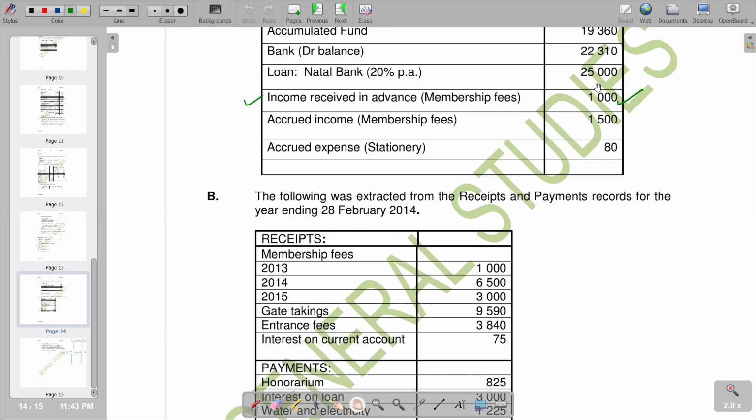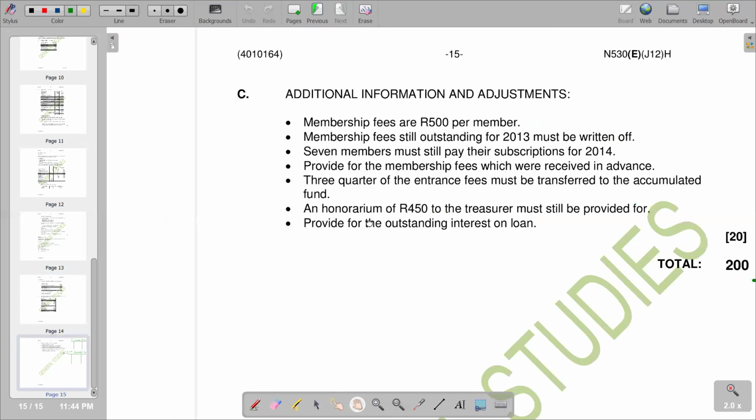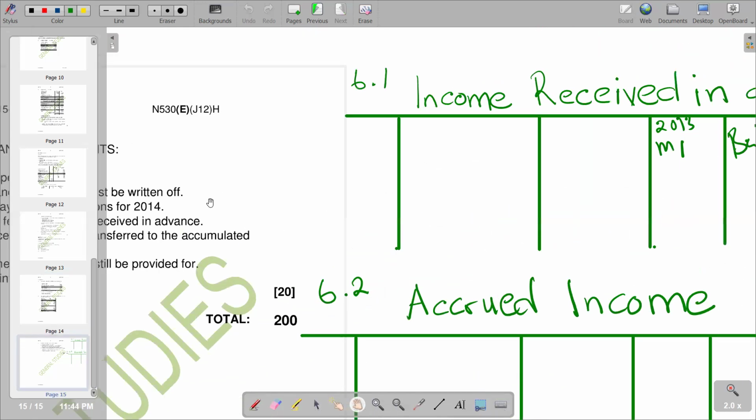So this period we need to transfer it to membership fees because it belongs to this period. The 1,000 is not going to affect anything. We are just going to transfer it so that it can be recorded as membership fees of this period. Remember, we carried it from last period to this period to show that it belongs to this period. So we go to our membership fees account and just transfer it.